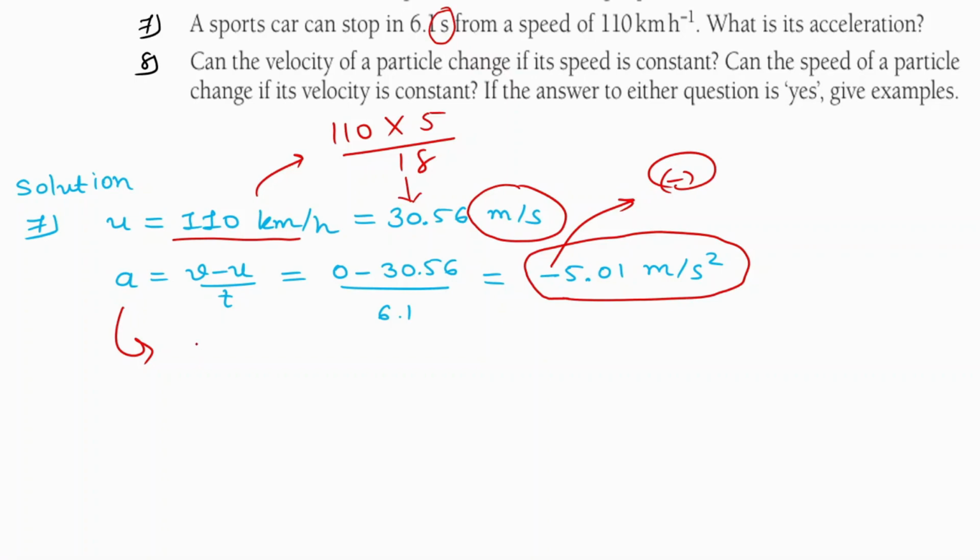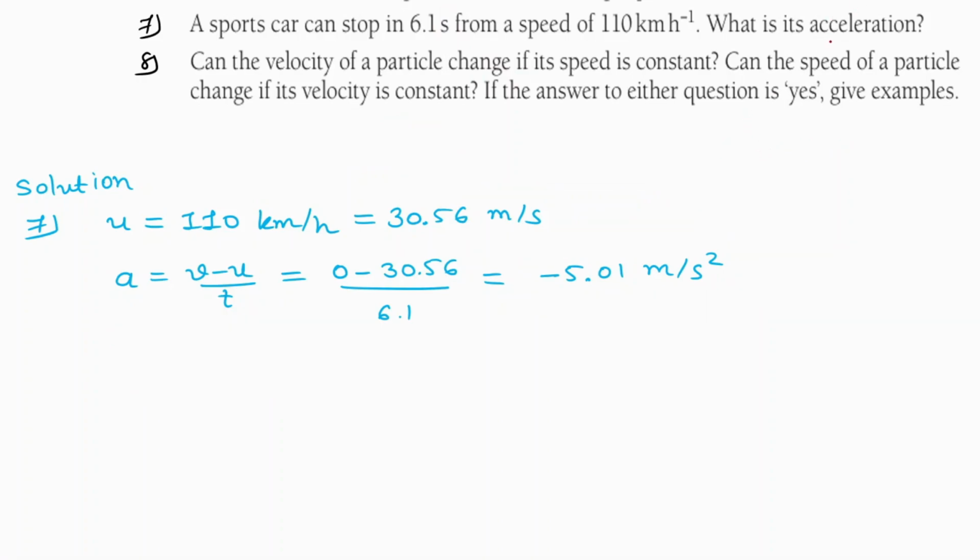Rather than acceleration, you can say deceleration happens here. It means the object is going at some speed, and eventually it slows down and the final velocity is zero. So some kind of deceleration happens here.